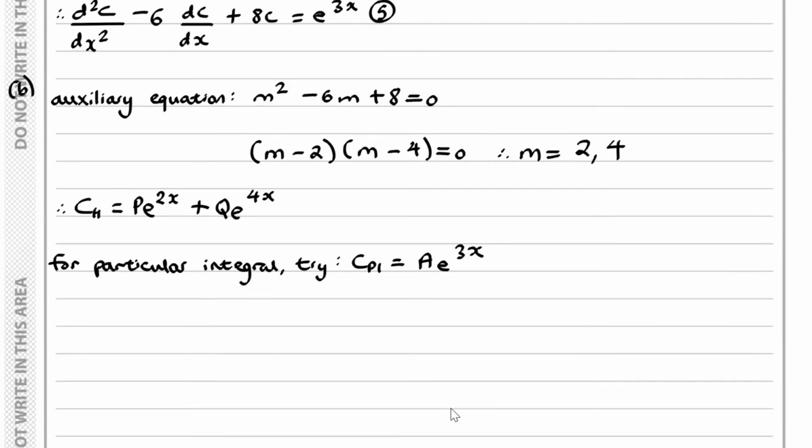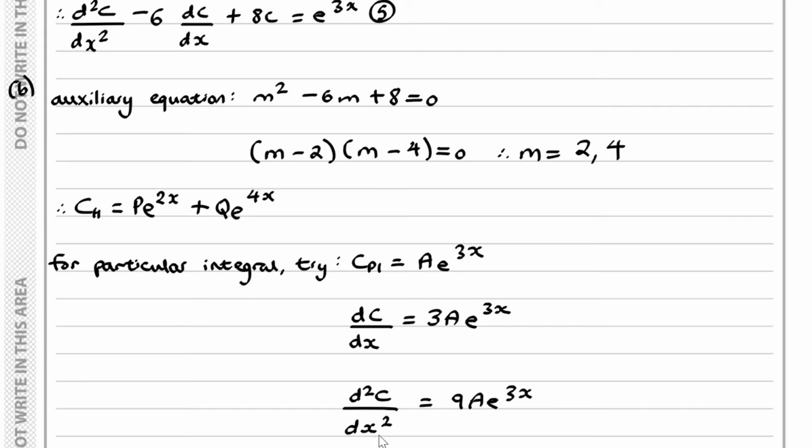And if we differentiate this, dc over dx is equal to 3a e to the power of 3x, and d squared c over dx squared is equal to 9a e to the power of 3x.